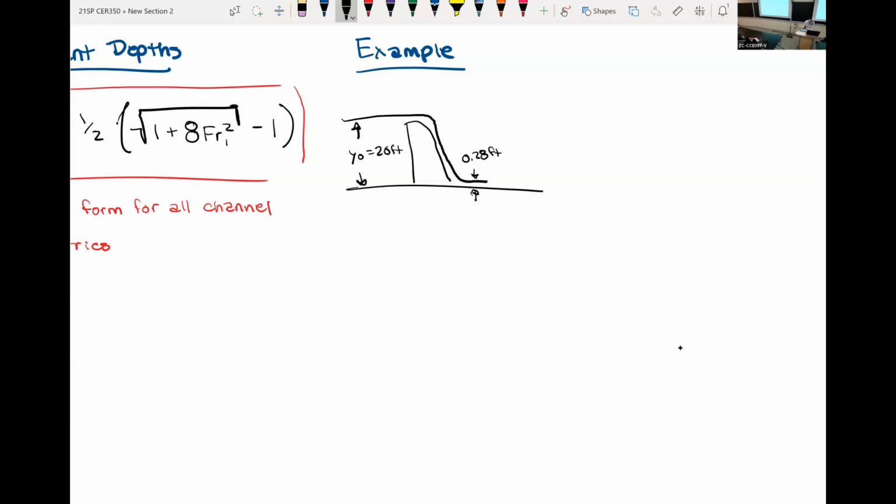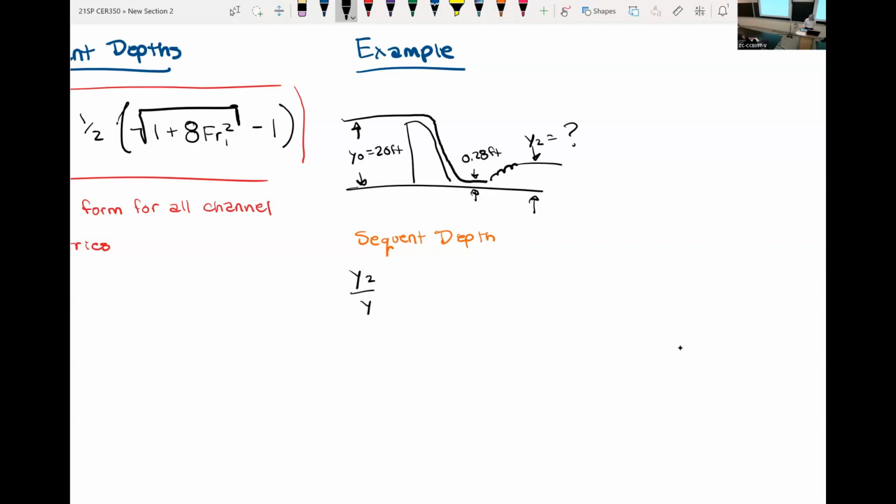We want to find out, after this hydraulic jump, what Y2 is going to be. We can plug into our equation for sequent depth and solve.